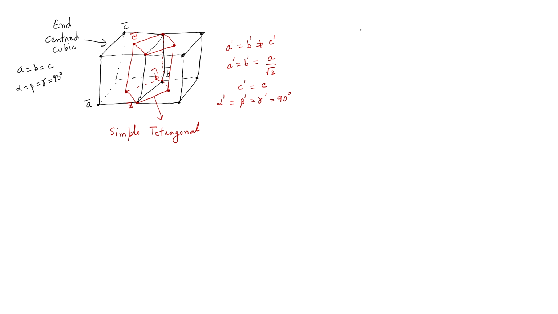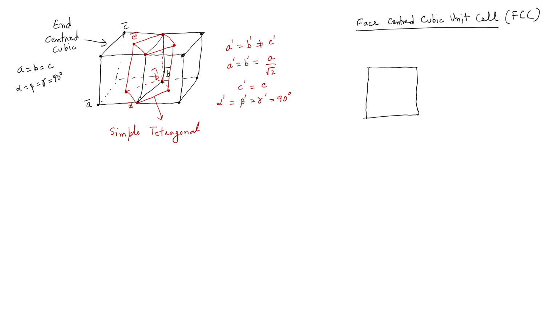Now, let us take a face centered cubic unit cell this time, or we call it FCC. If I take this, let me draw an adjacent unit cell as I had done in the previous case.